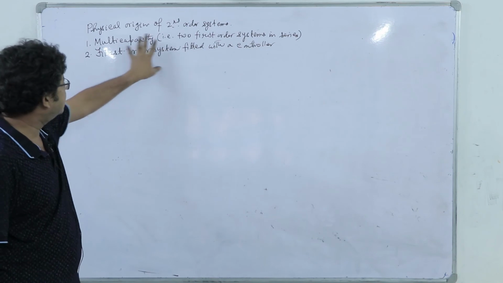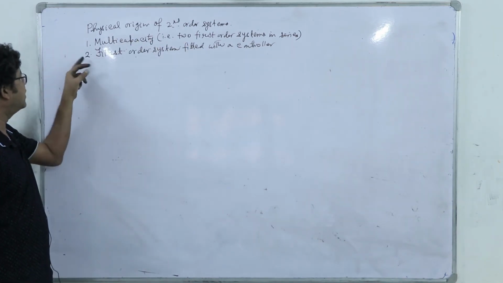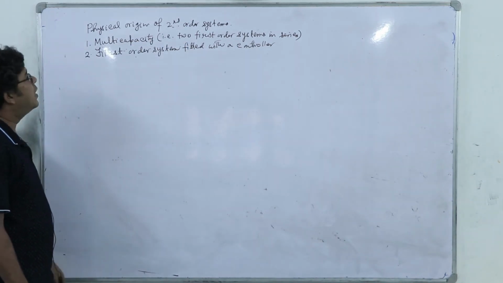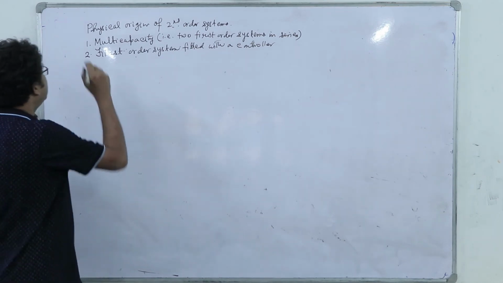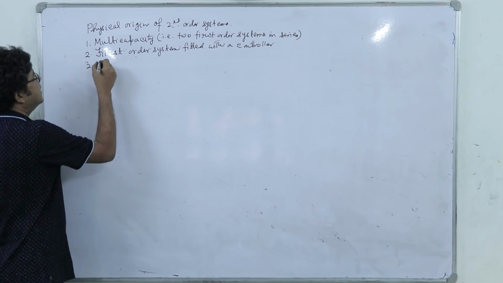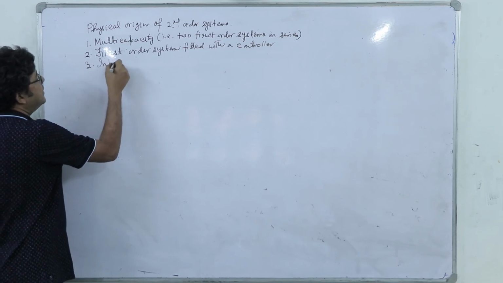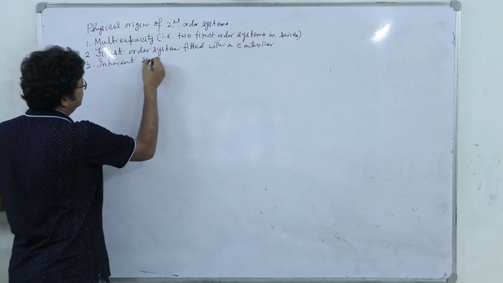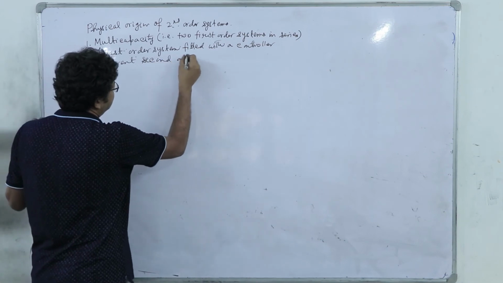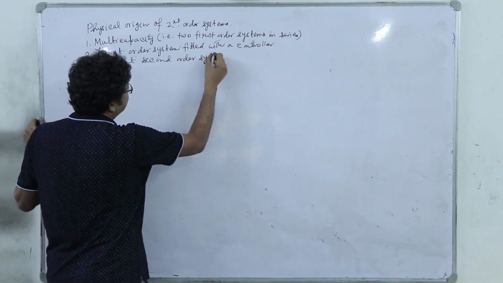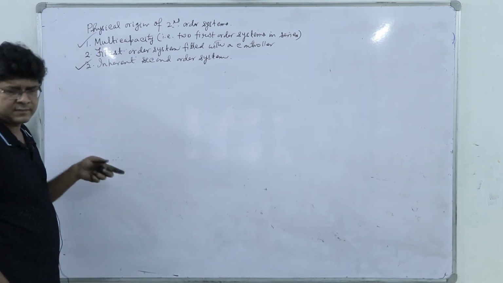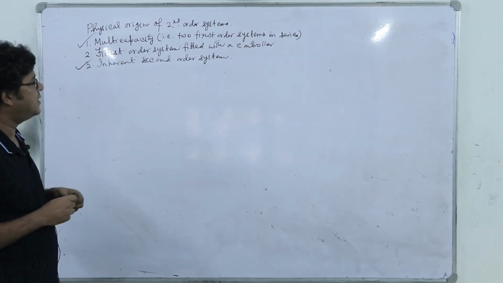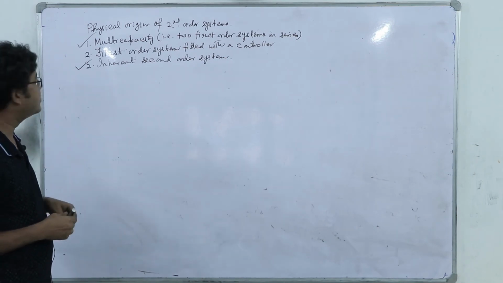So, we will skip this discussion regarding point 2 of the origin of the second order system. Let us keep it pending for the time being. We will discuss it later. And the third is inherent second order system. So, we will discuss this and this maybe in this and in the next session.